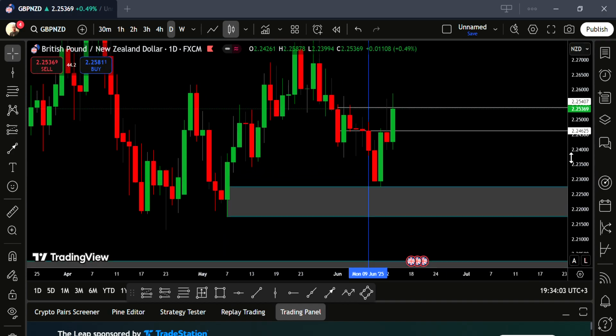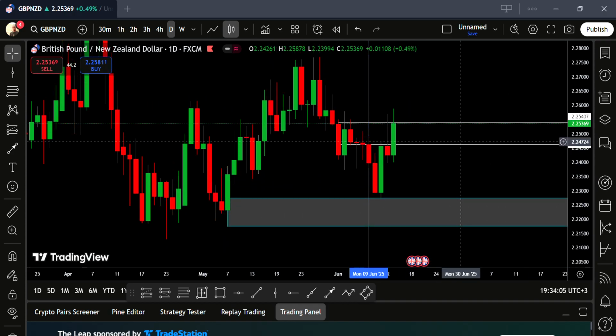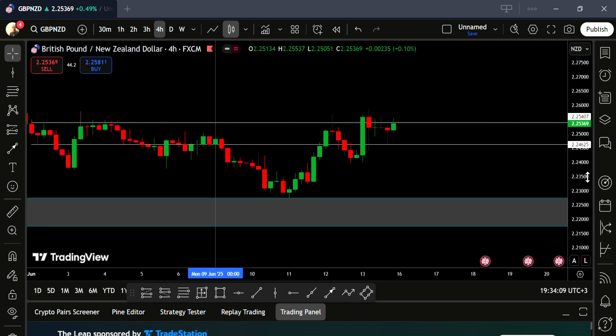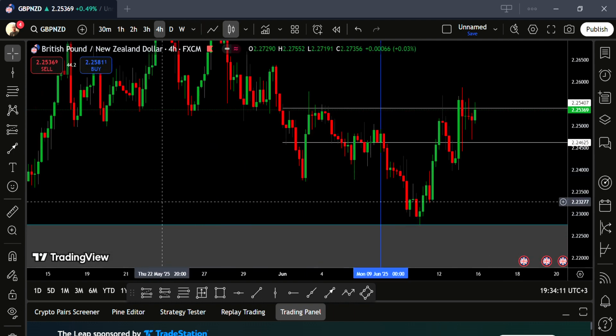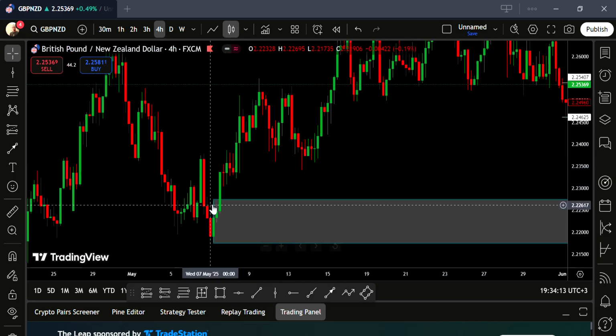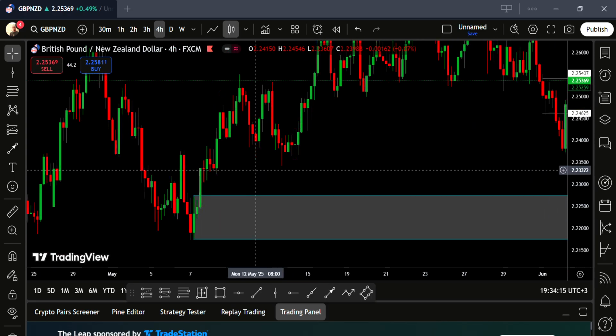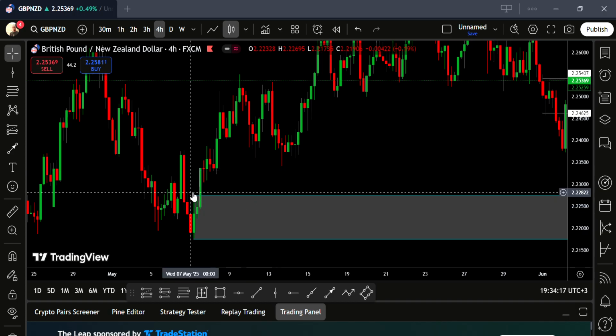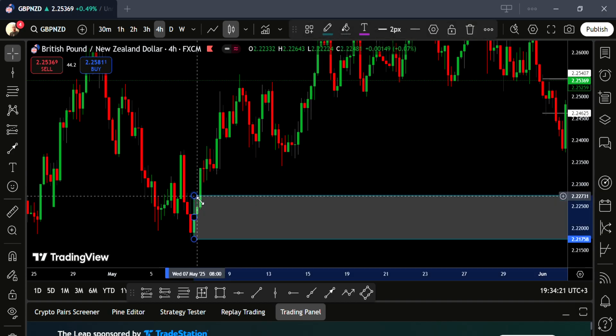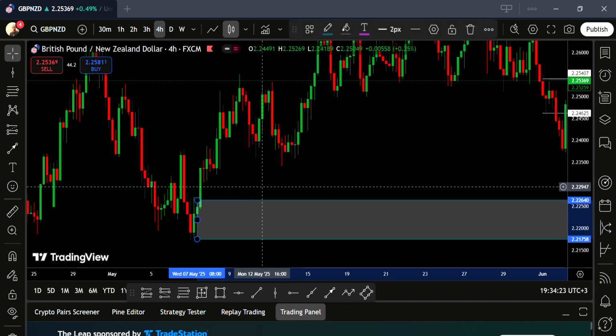So we go down to our entry time frame, which is the 1 hour or 4 hour, to refine the demand zone. This one was a little bit tricky. You'd get people who would refine it to this candle here, like that.